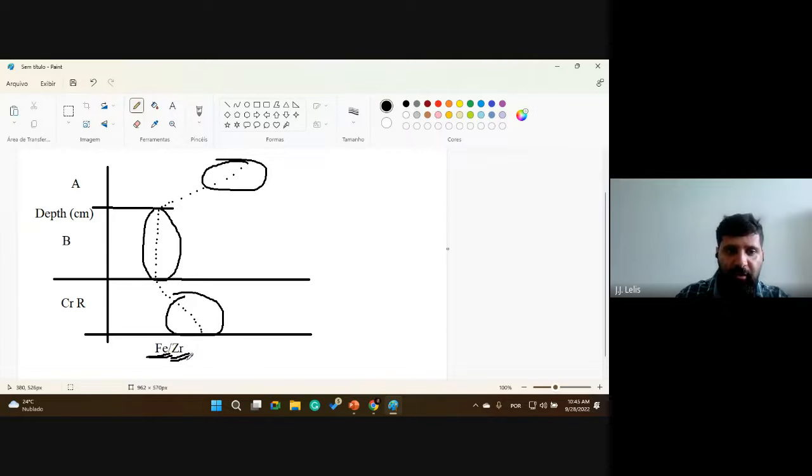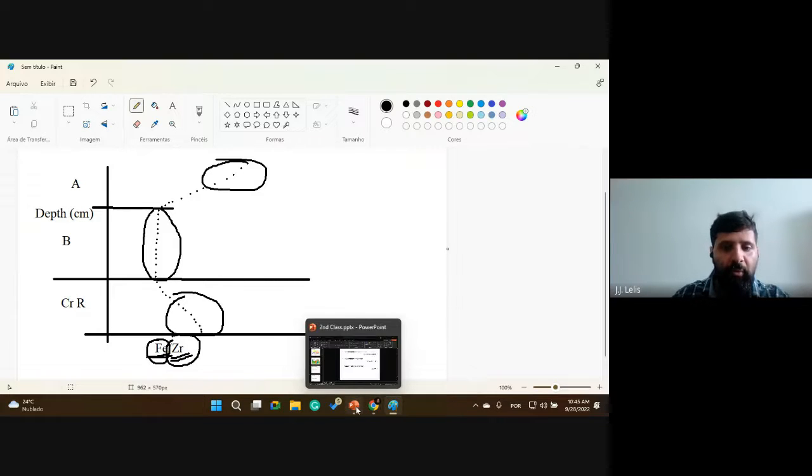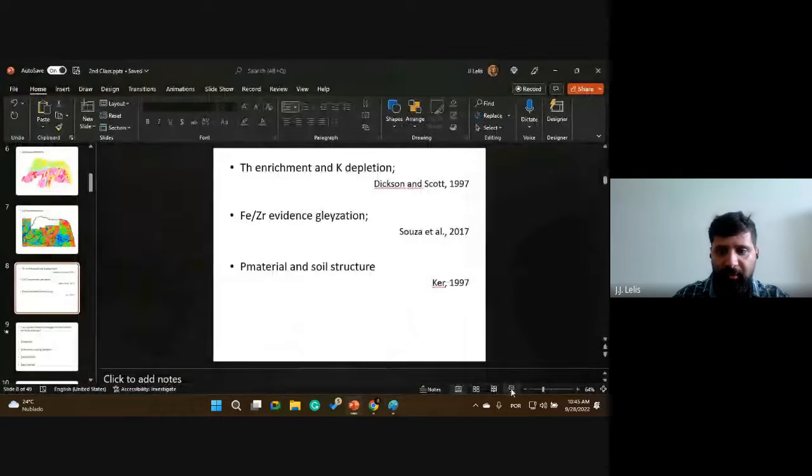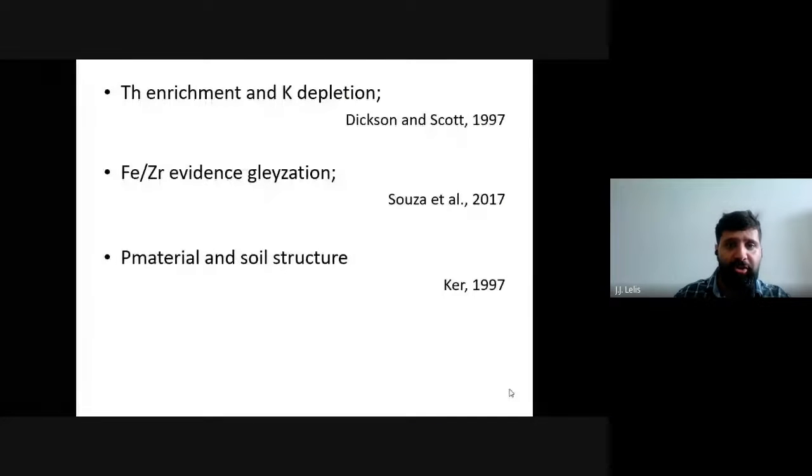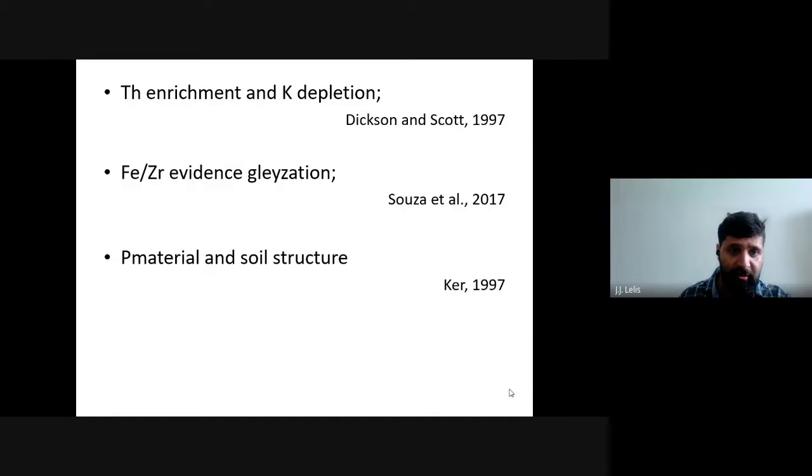We use zirconium because this element is not leached, and we use iron because iron is a good indicator of glaciation conditions, past or modern. The only way that you can leach iron is if iron is in a reducing condition, a condition without or with low content of oxygen. Okay.